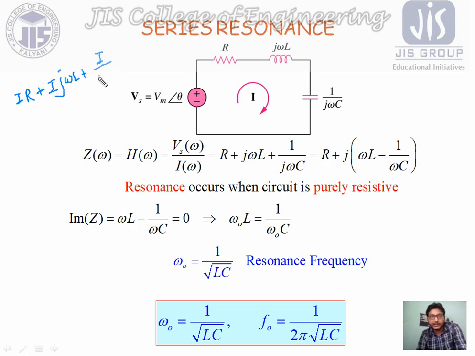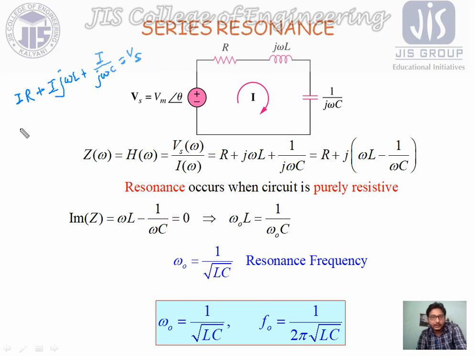It means we can write I into 1 by j omega C, and minus Vs. Vs means Vm angle theta. This is equal to 0, or simply if we take Vs to the right hand side, it is equal to Vs. No problem at all.